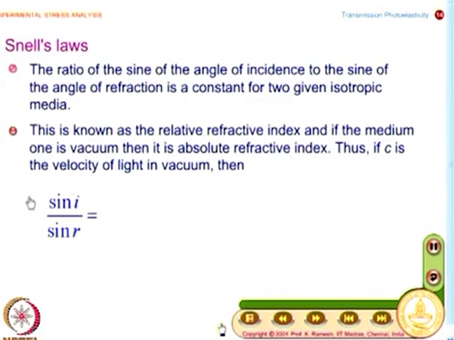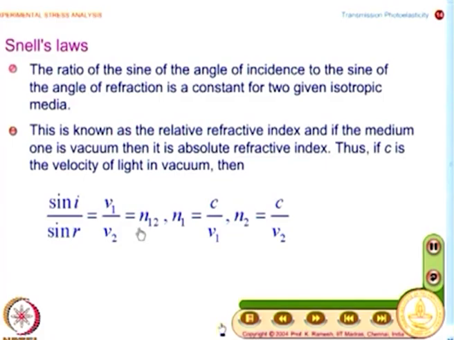And you know sin i by sin r, and if the medium is air, you will call this a relative refractive index, and a symbol small n is used, and you should not confuse this with your direction cosines. That is also we use n1, n2 and n3, and here it denotes the refractive index.